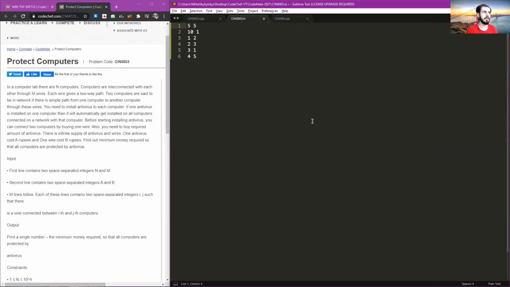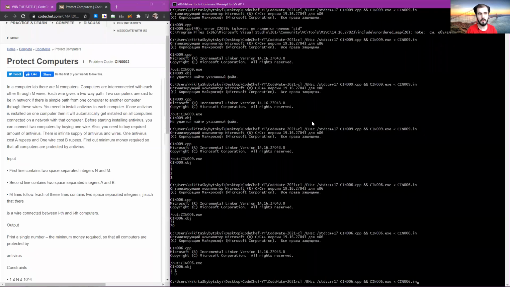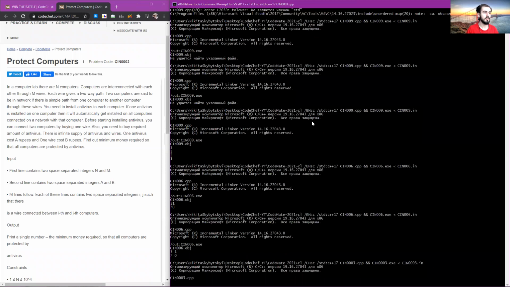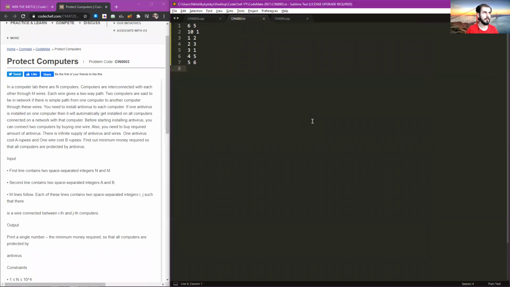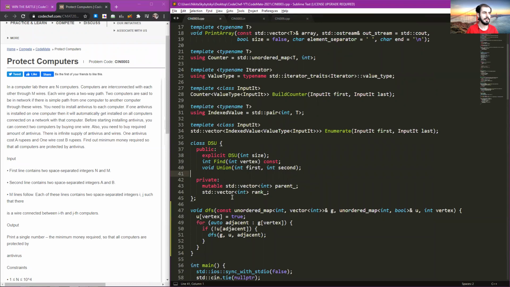No, actually, let's make 6 vertices and 5 edges. We have an extra 0, which is very annoying. I said auto, no?